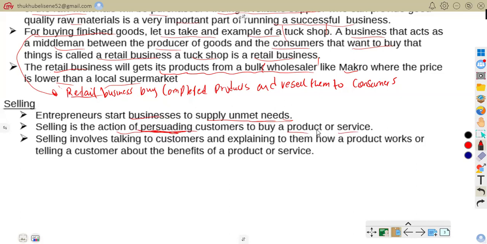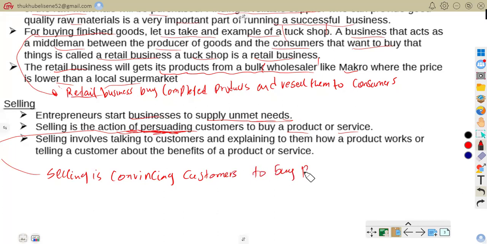So it means that selling is convincing customers to buy a product or service. That's what it means.